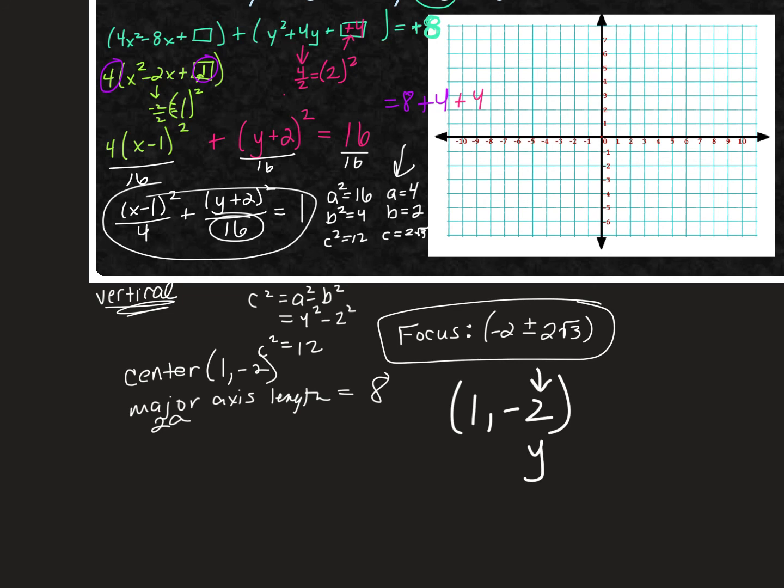The center is here at 1, -2. So one focus is going to be above it, one is going to be below it. So you add your c term and you subtract your c from the y value. If it was a horizontal ellipse, you would just do it from the x value. And then we got the 2 root 3 from the c, right? Yes. Okay, great job.